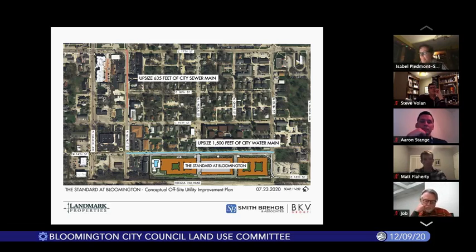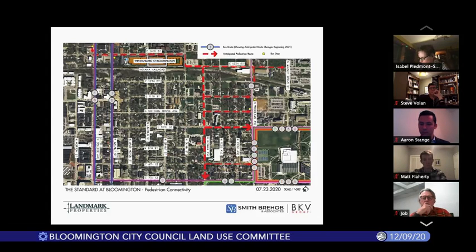So what's shown on the screen here is what the developer has committed to upgrade in terms of utilities for this project. This slide here, I know there were some questions about bus service and just transportation in general. So this is trying to compile the public transportation information that we have.